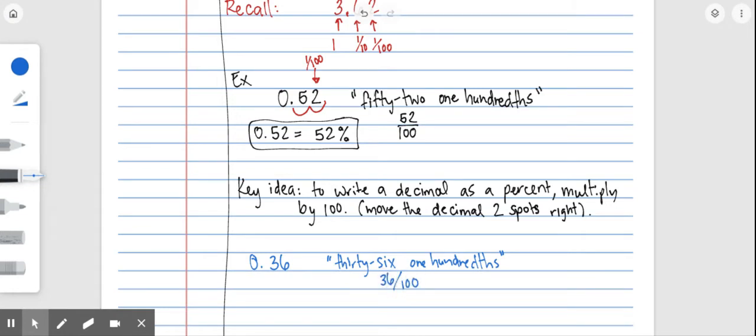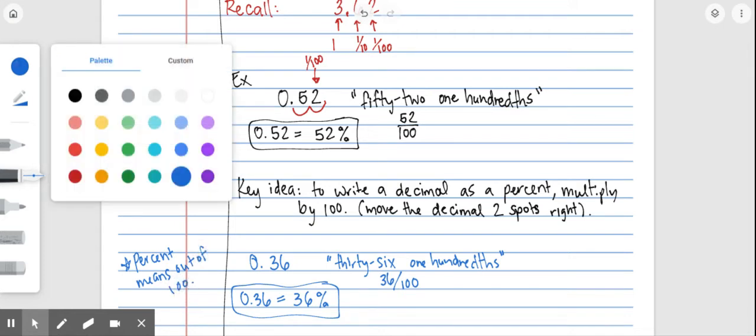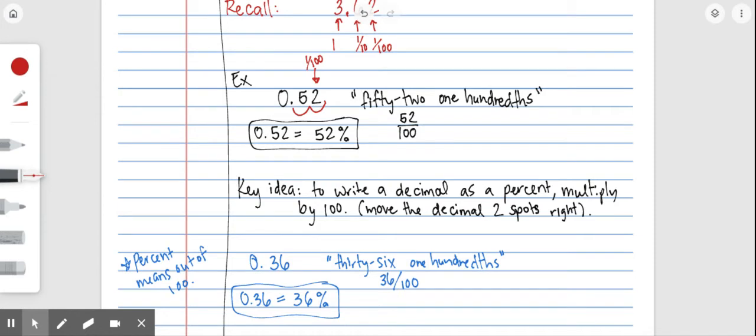So 0.36, or 36 hundredths, is the same as 36%, because remember, a percent means out of 100. So when I do this, I move the decimal 2 spots to the right, or I multiply by 100.